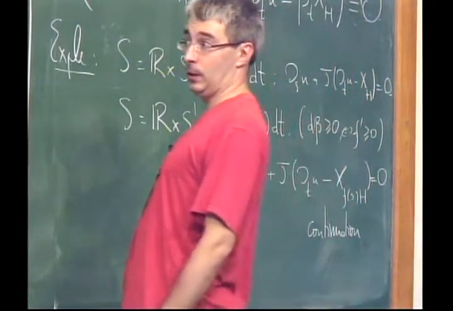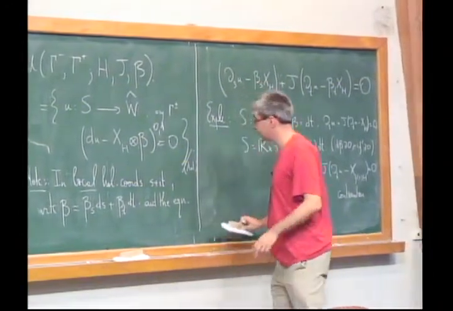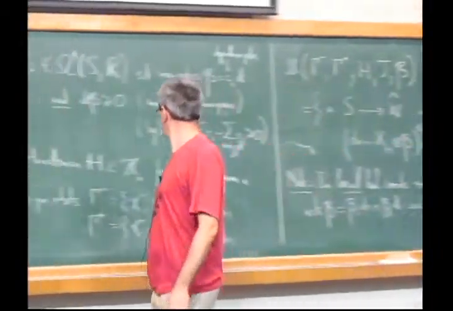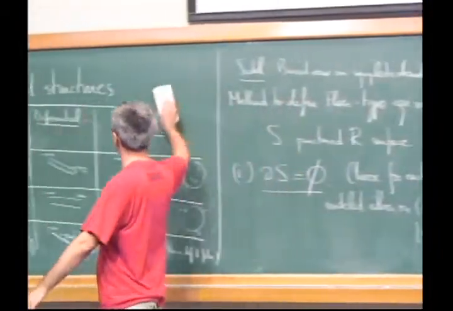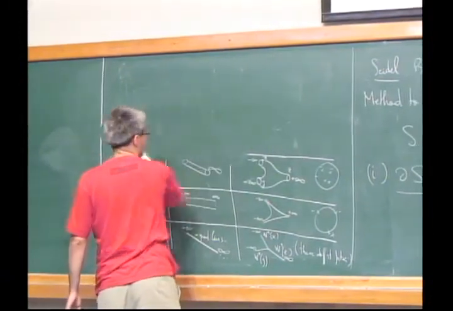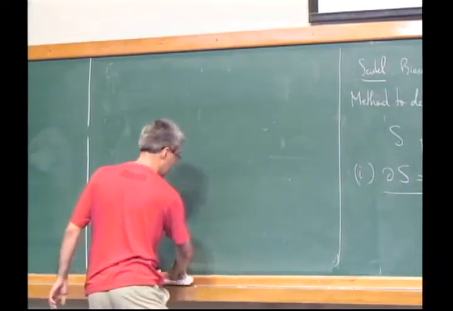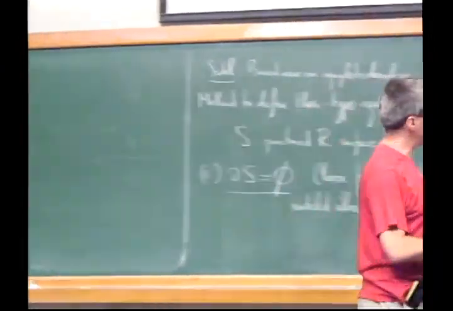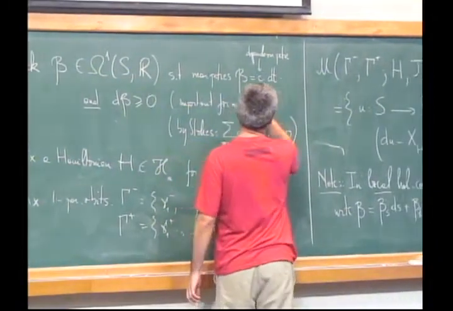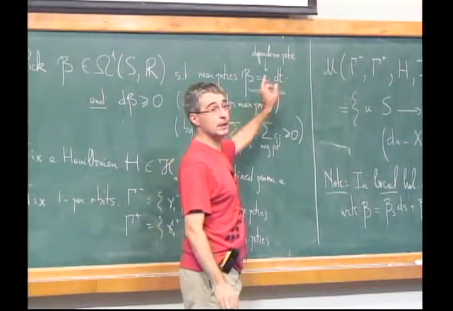Okay, so to define the product, we're going to take this data. Here you see I have imposed beta to be asymptotically a constant times dt.